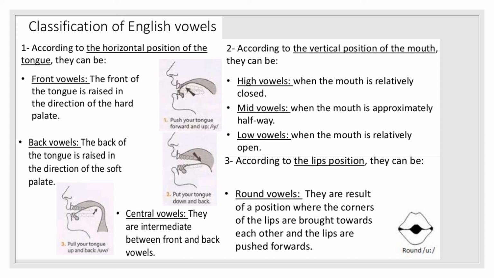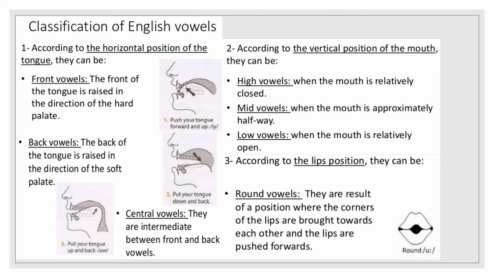According to the vertical position of the mouth, they can be first, high vowels, when the mouth is relatively closed, mid vowels when the mouth is approximately halfway, and then low vowels when the mouth is relatively open.